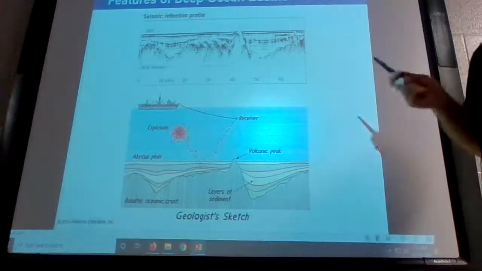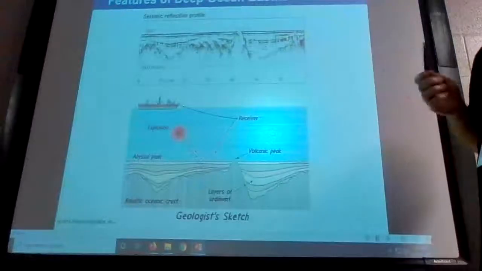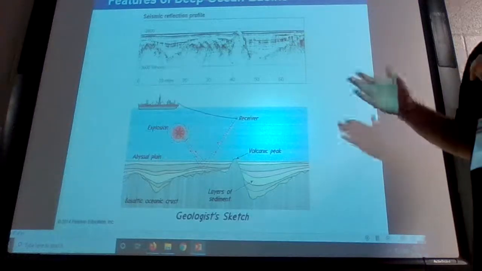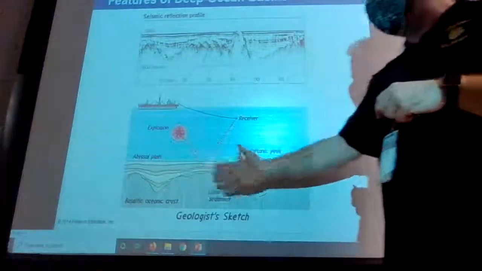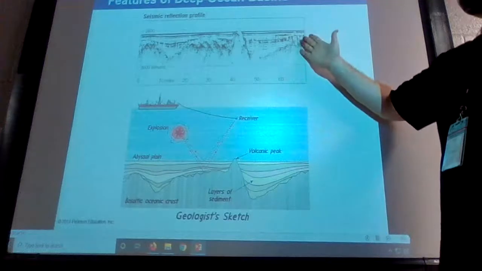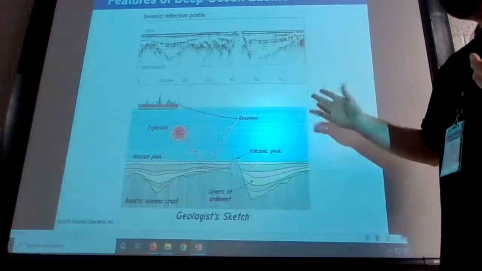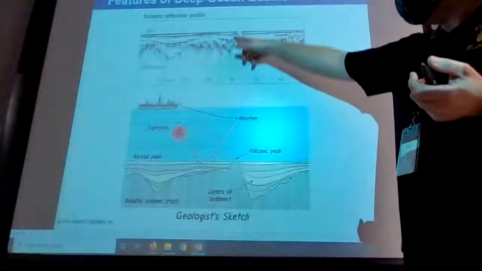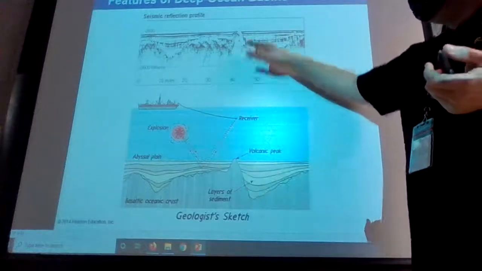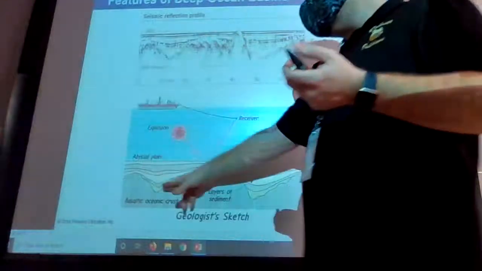Now, it's not going to be perfect. It's not going to be labeled for you. There are going to be artifacts that you have to interpret. But you can see the overall similarities between this geologist's sketch interpreting the seismic and the seismic itself. You can see this peak right here. That's interpreted as a volcanic peak. You can see some dips in the layers down here.